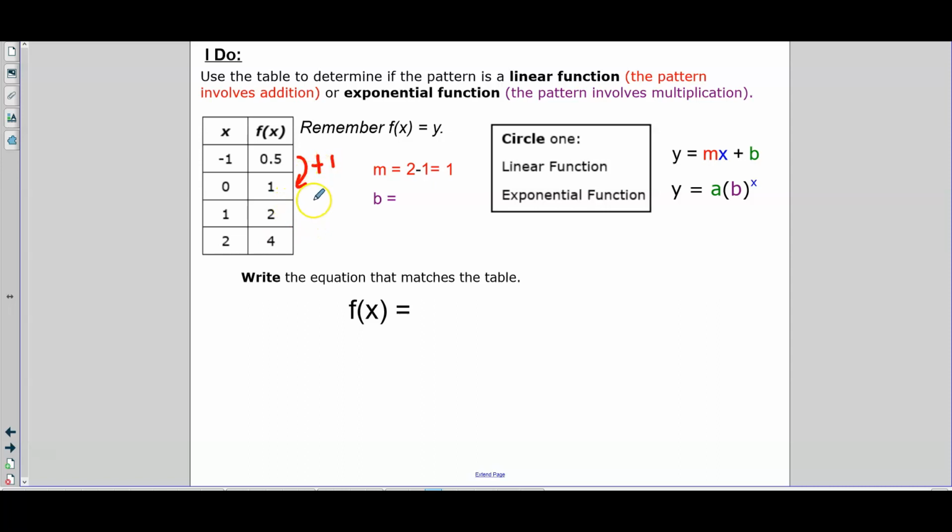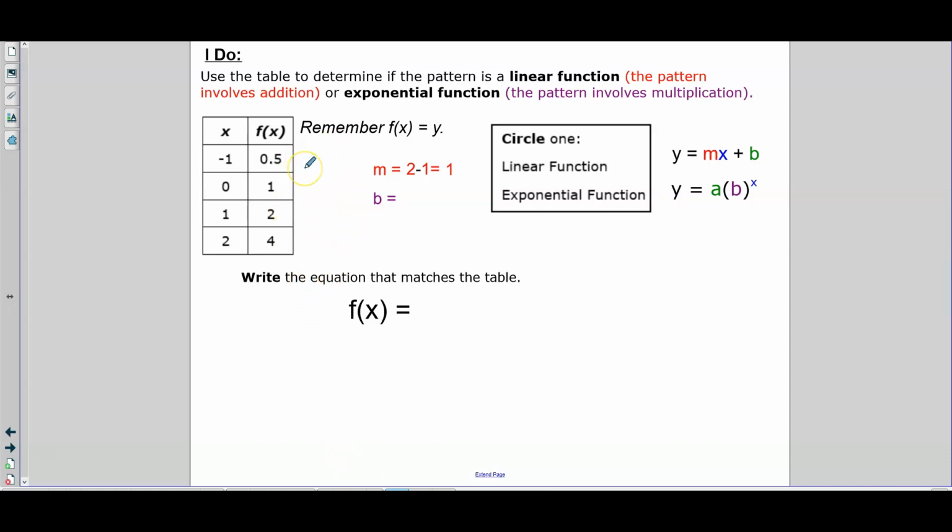No, that would be 0 plus 1. So no, that doesn't work here. If I do 1 plus 2, yeah, that does work, but it didn't work for the one above. And if I do plus 1 there, that's not going to work either because 1 plus 2 does not give me 4. So having the 1 as my addition pattern doesn't really make sense.